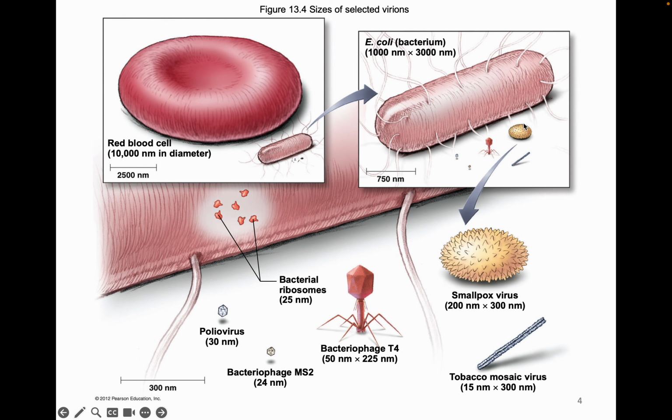And then next to that, you can see a smallpox virus, a bacteriophage, tobacco mosaic virus, and these teeny tiny guys down here are poliovirus and bacteriophage MS2. Very, very small. Some of these smaller ones are even on par with the size of bacterial ribosomes.